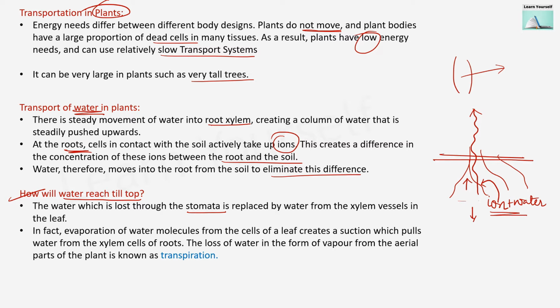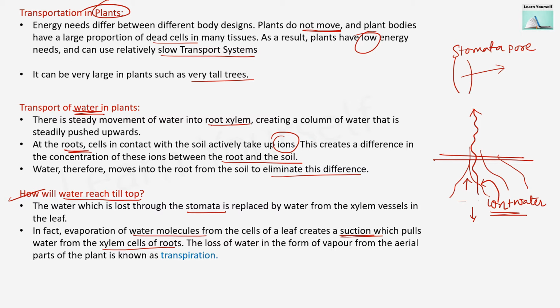In fact, evaporation of water molecules from cells of the leaf creates suction which pulls the water from the xylem cells of the roots. So this pull has happened because of transpiration, because through the stomata pore this water has been lost.